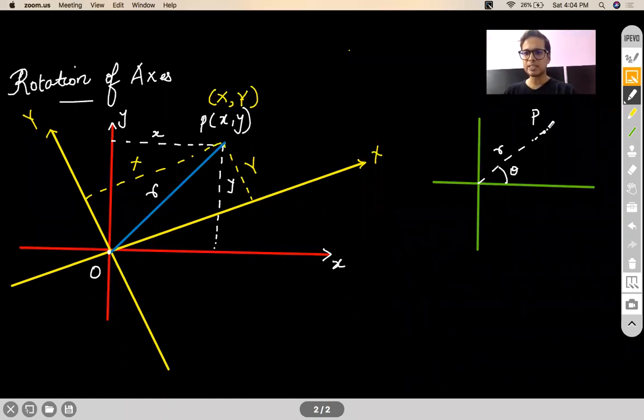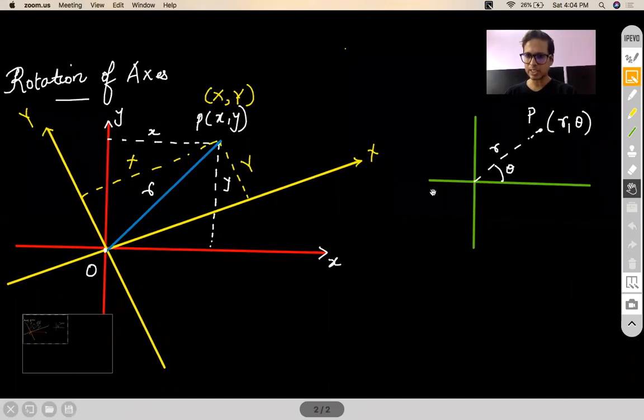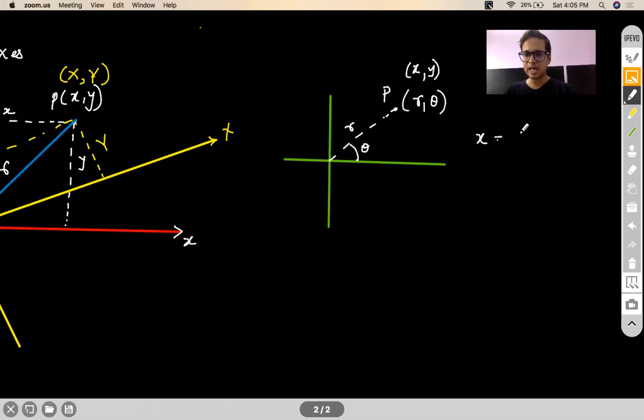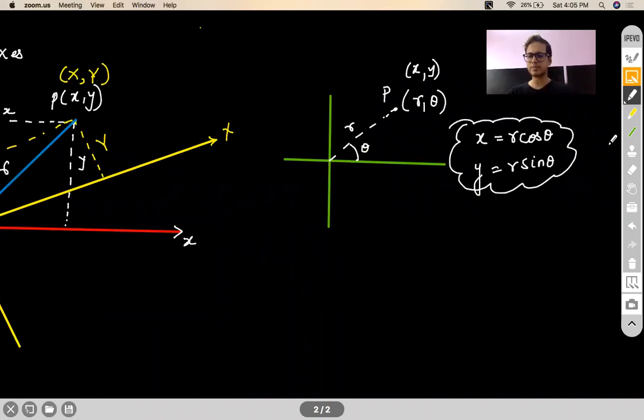So this point is represented in polar coordinates as r comma theta, isn't it? This is something we had learned in our trigonometry chapter. So if the x and y coordinates of this point are as given, then x is r cos theta and y is r sin theta, correct? This is the relation that we all know.